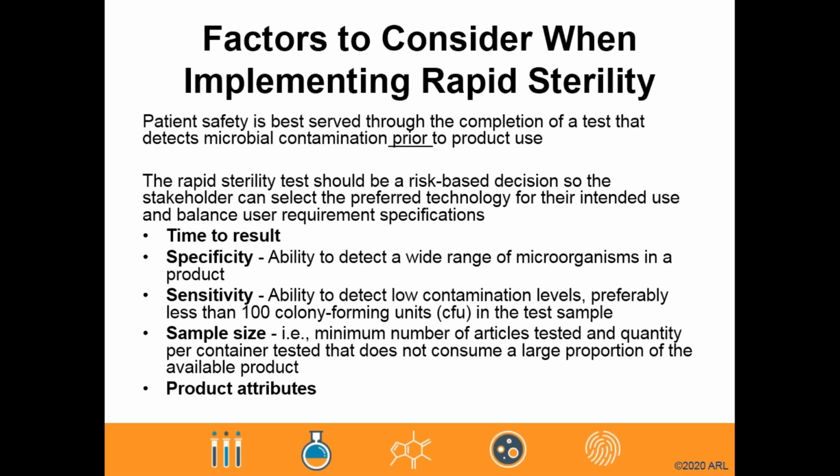Another point to consider are your specific product attributes. For example, many compounded sterile products and cell therapy products, due to their short beyond use dating or BUD, would benefit from an overnight test or at least one that is completed within 48 hours, where there are other products that may not require such a short time to result.